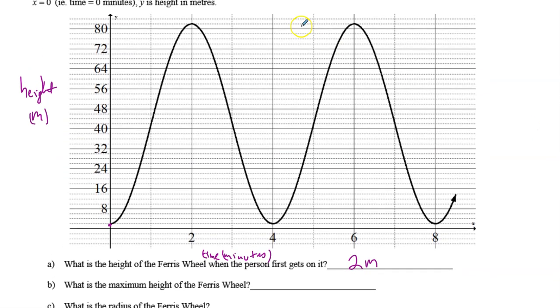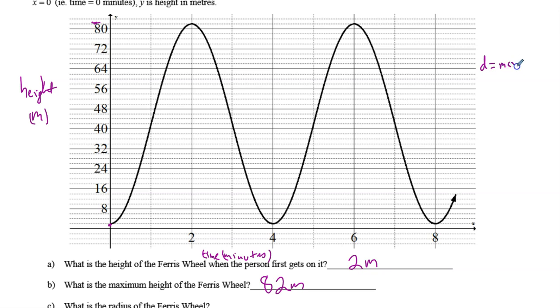What's the maximum height of the Ferris wheel? We can see here, one tick above 80 will be 82 meters. What is the radius of the Ferris wheel? Thinking about the radius of a circle, it's the distance from the center to the outside of the circle. So we want to know where the center is, and the center is actually the d value, the middle.